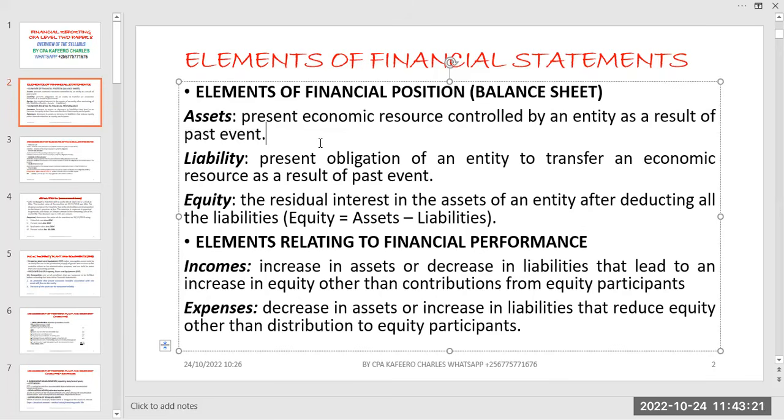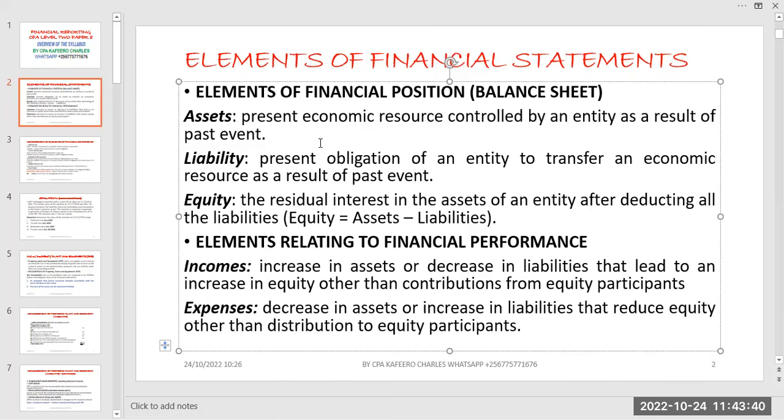Actually, when you are talking about the assets, not all assets are going to be helpful to us. When we talk about the assets, we are looking at those assets that can bring value or add value to the organization, and that's what we call the present economic resource.